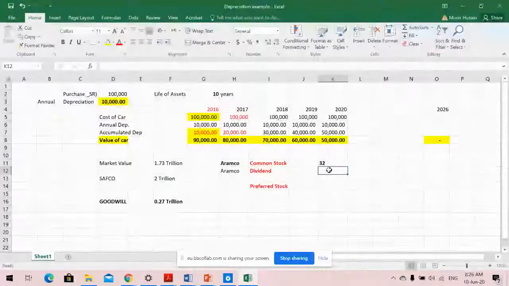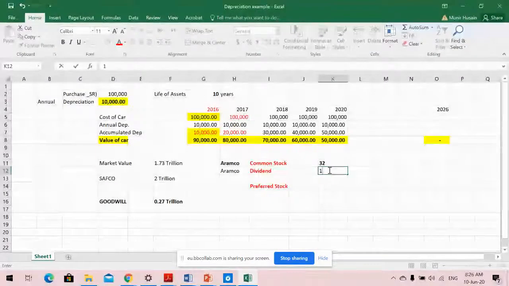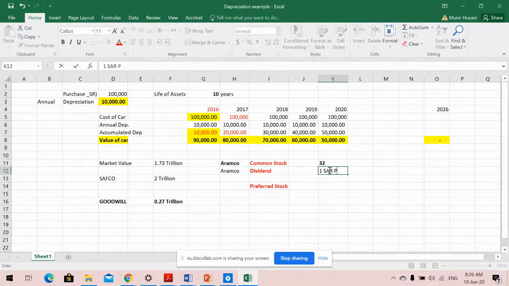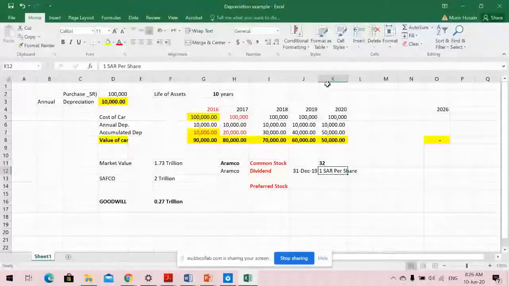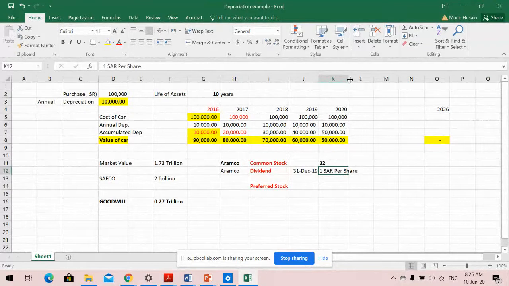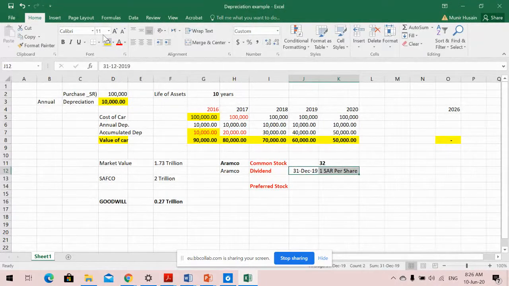Let's say Aramco gave, just as an example, 1 real per share. So on December 31, Aramco gave a dividend of 1 real per share.